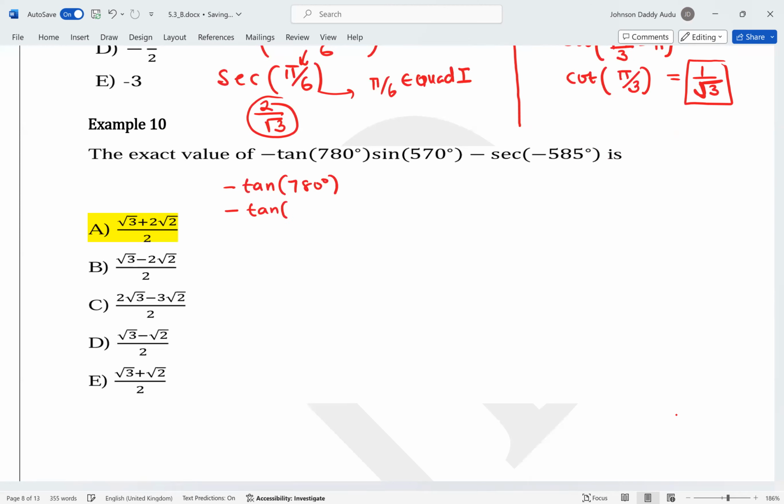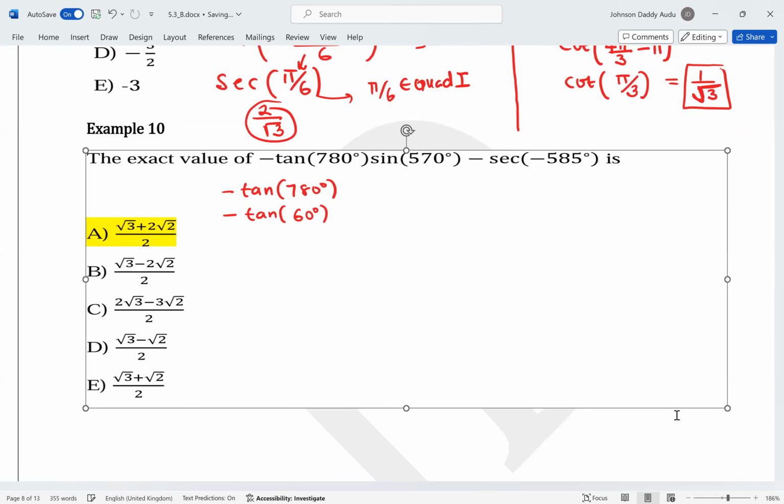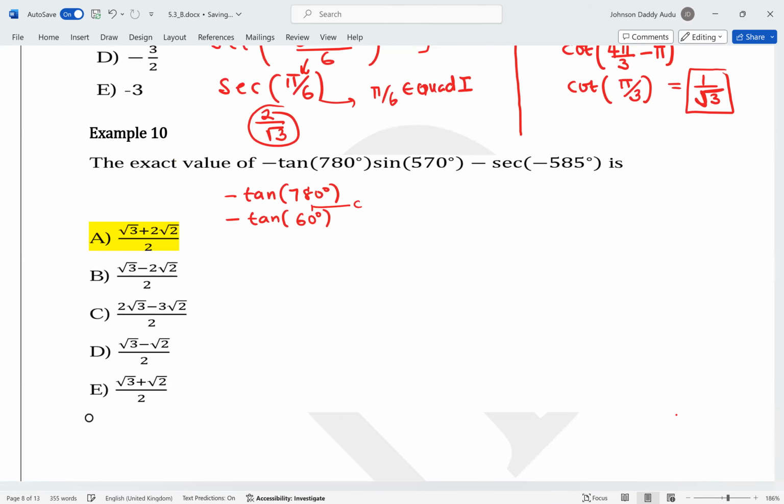We just find the coterminal. So I'll go straight. For the coterminal of this, you have to remove 720. If you remove 720 from this, it's just going to be 60 degrees, right? From here to here, I just found the coterminal.